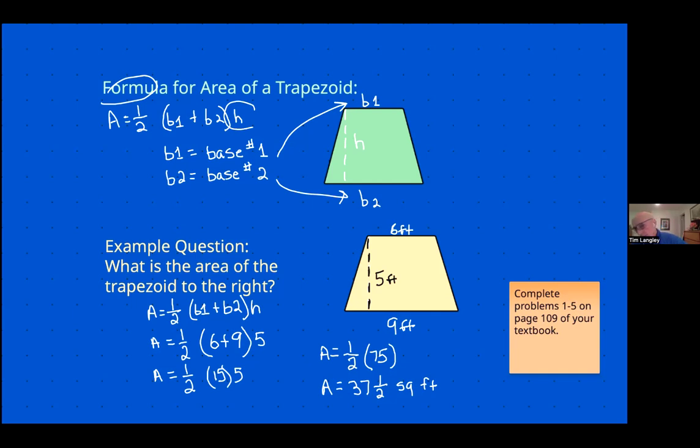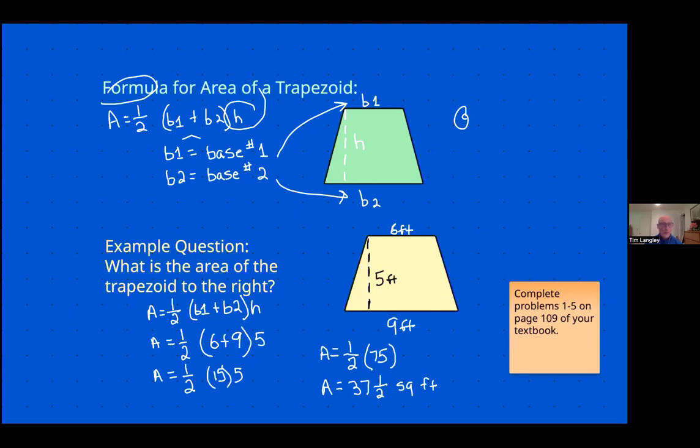So I'm going to unplug my pen because it seems to be, I'd call it the wandering pen, where it just starts doing its own thing here. Okay. So we've got an example question at the bottom of the screen. What's the area of the trapezoid to the right? Okay, and so we've got a base 1, B1, of 6, and a B2 of 9, and a height of 5.